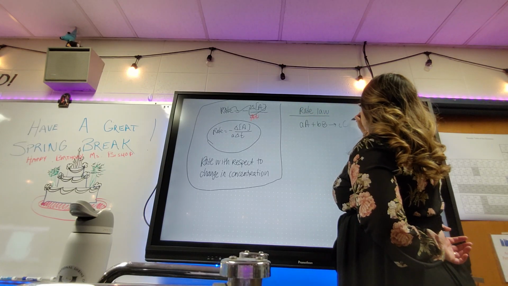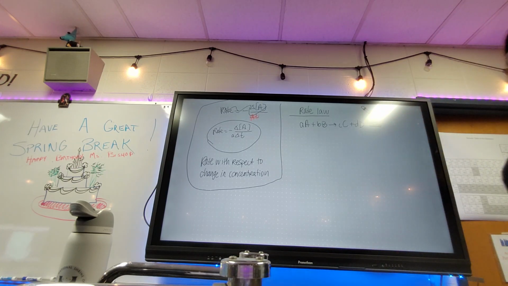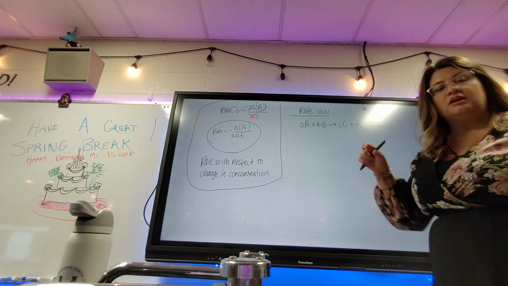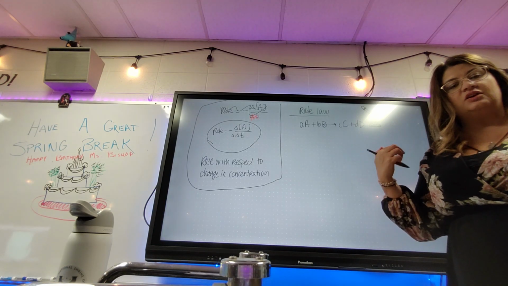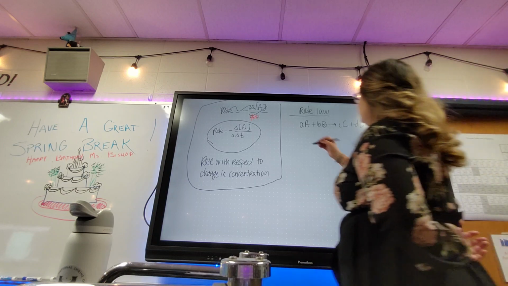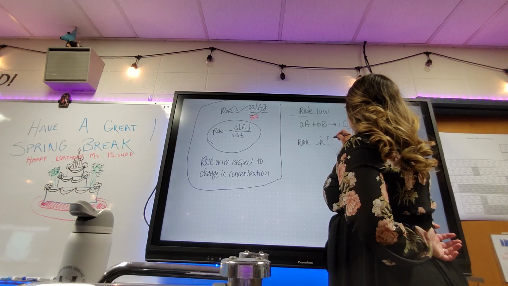So the rate law, if this is my pretend equation, is going to tell us how changing reactant concentrations is going to affect the overall rate of the equation. So this is how we find the rate law.